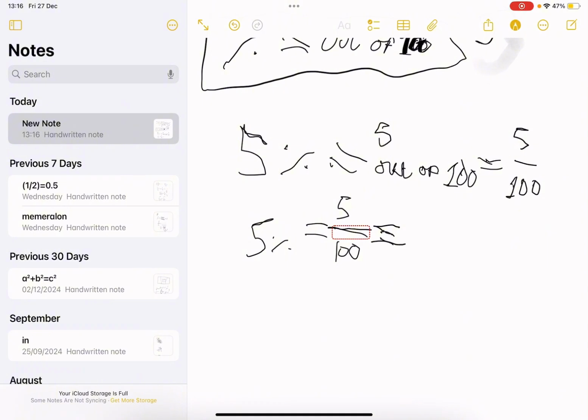Is this not working? Oh, it's not working. Okay. So 5 out of 100, or 5 over 100, is also, as you remember from my converting fractions to decimals video, equivalent in decimals to 0.05. But you may also figure this out with a tactic, or through simplification.